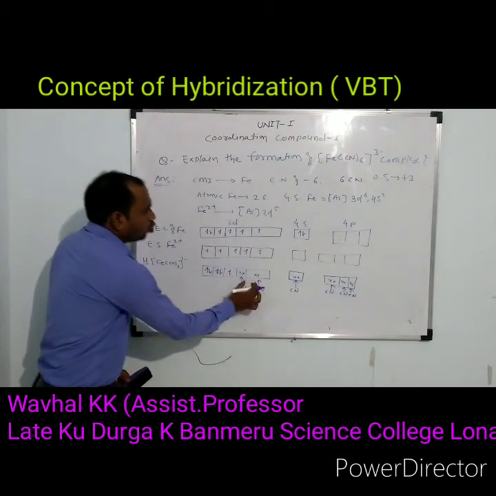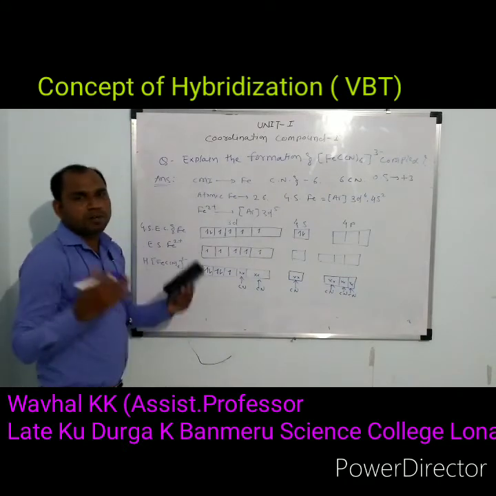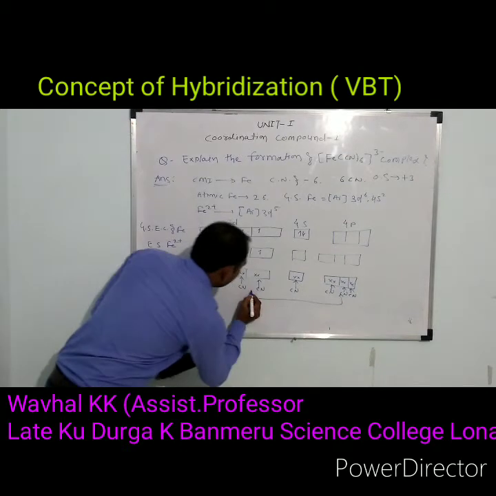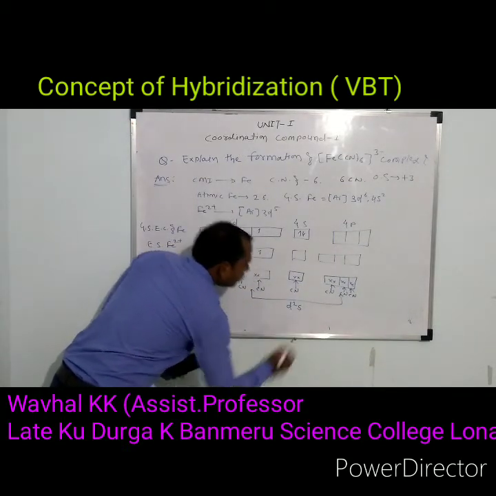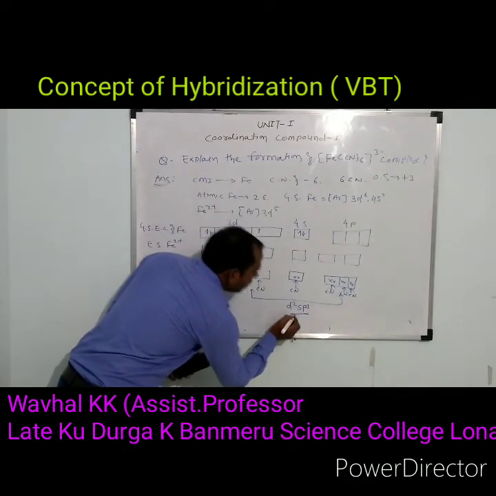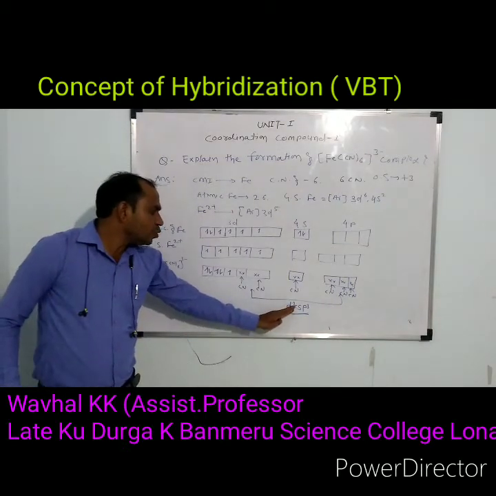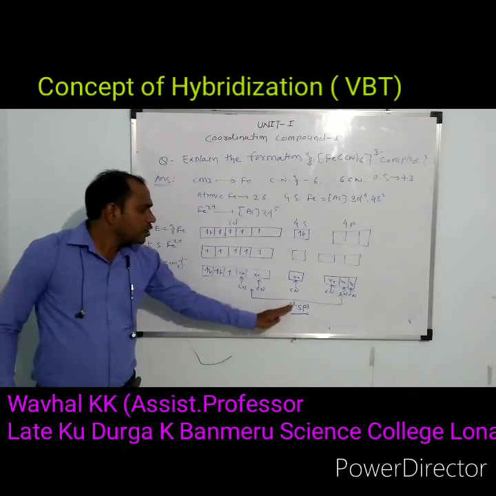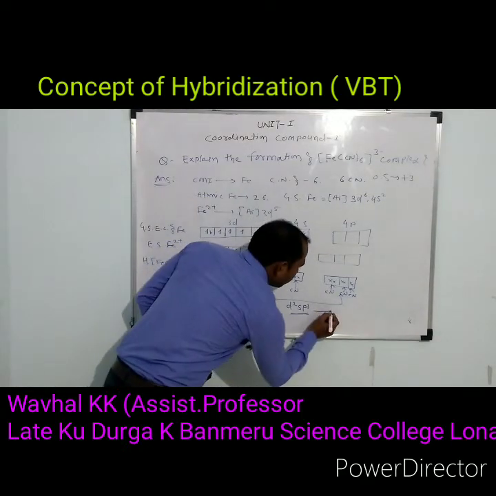See here, 2 d orbitals, 1 s orbital, and 3 p orbitals combine together, forming d2sp3 hybridization. And when the molecule acquires d2sp3 hybridization, it shows octahedral geometry.